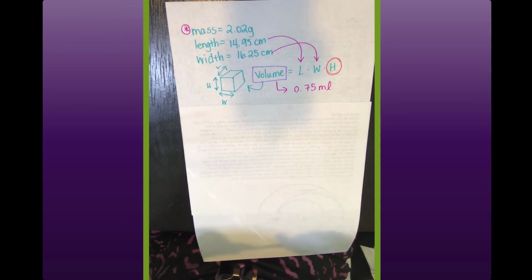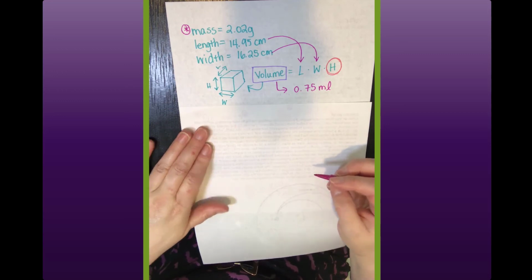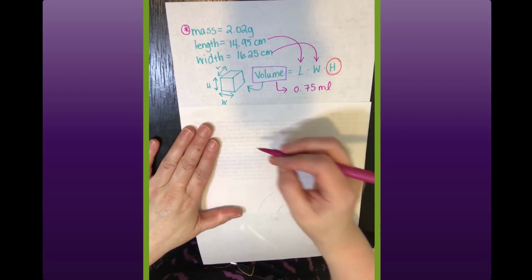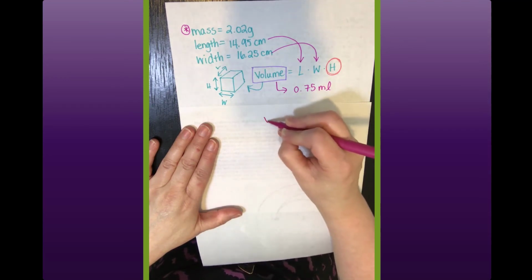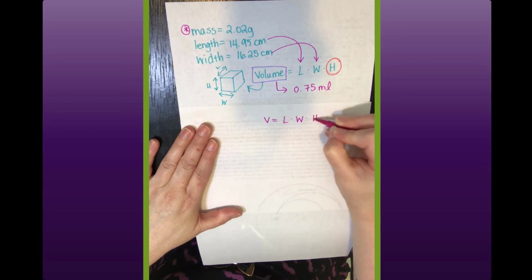Once again, just like we did with our density equals mass divided by volume, this equation for volume equals length times width times height.